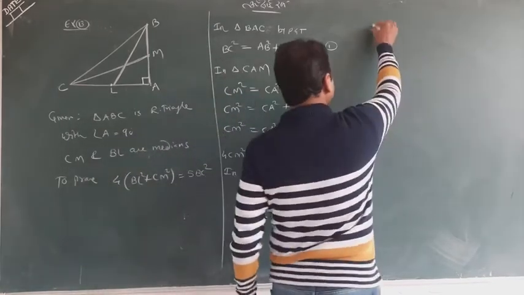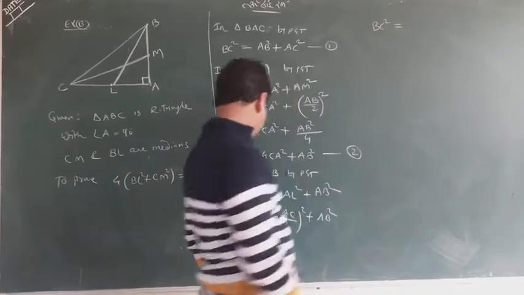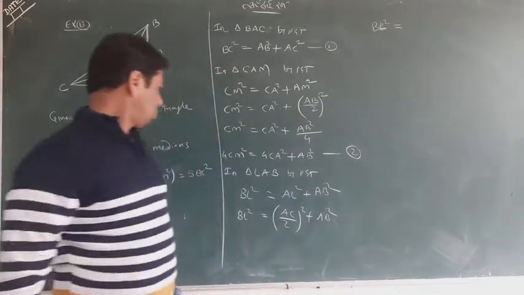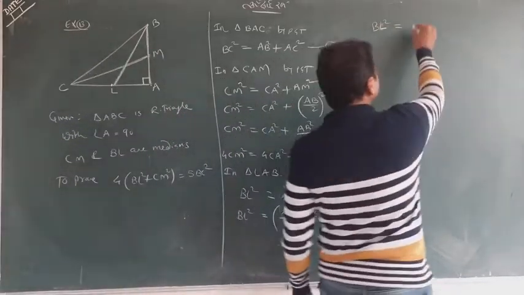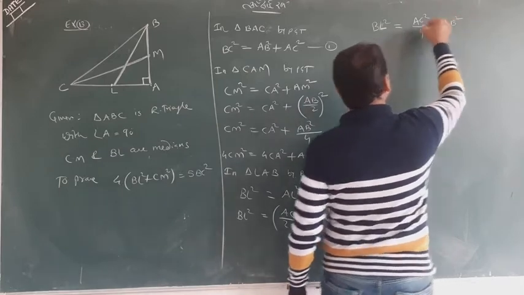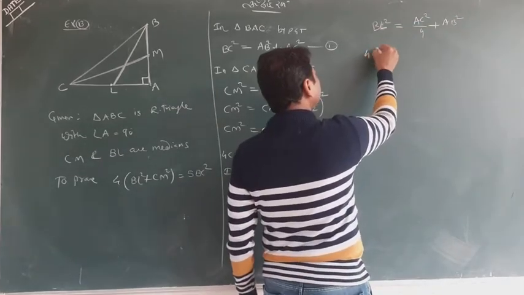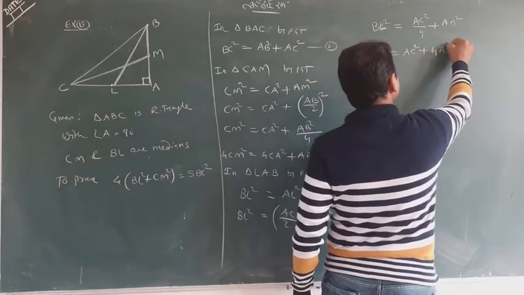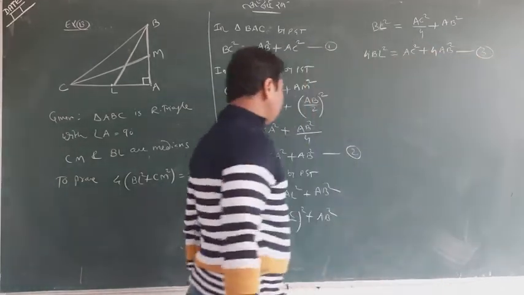I'll open it same as last. This is BL square equal to AC square by 4 plus AB square. Now I take the LCM, 4 will come here, 4AB square.